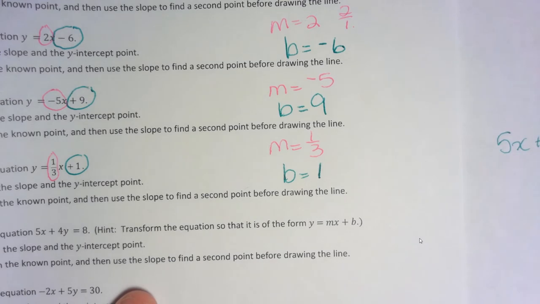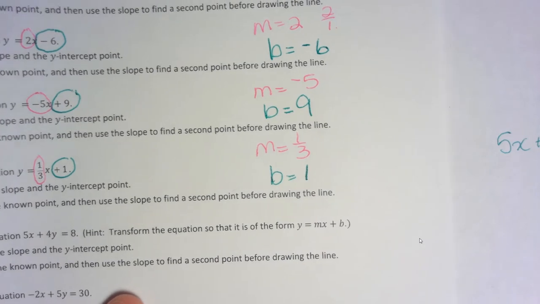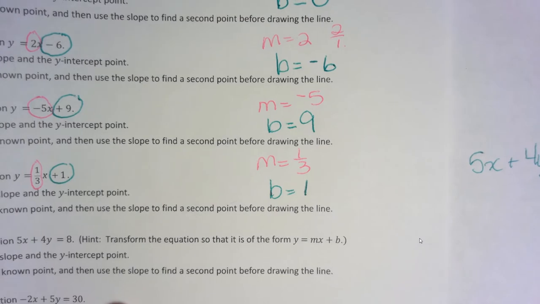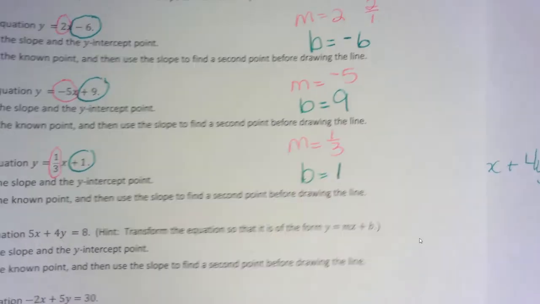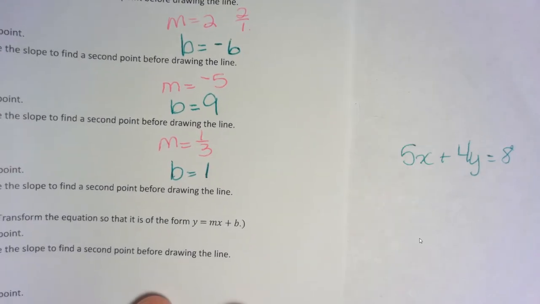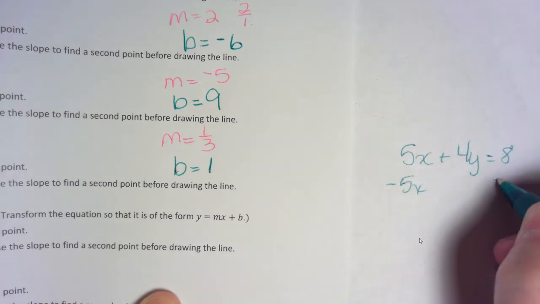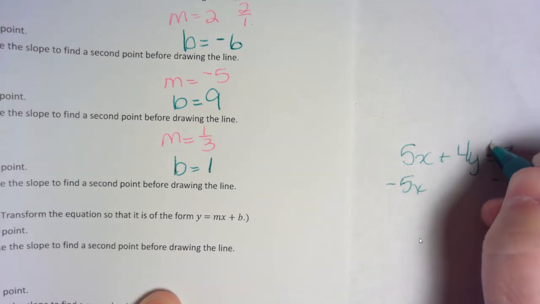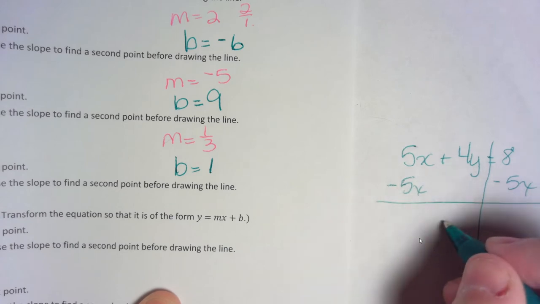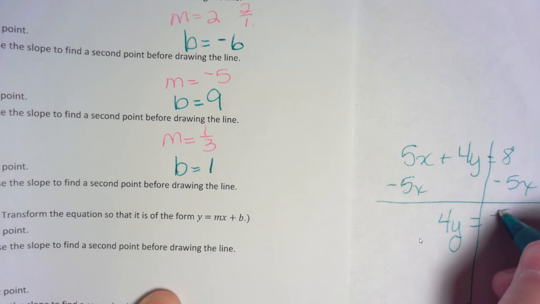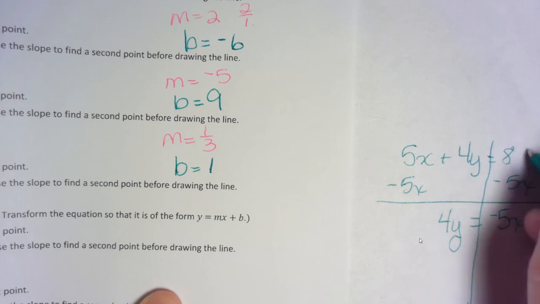We worked on this yesterday. So first we need to subtract our 5x from both sides. We end up with 4y equals negative 5x plus 8.